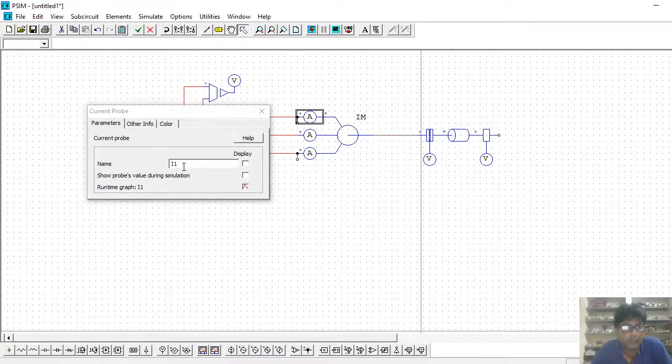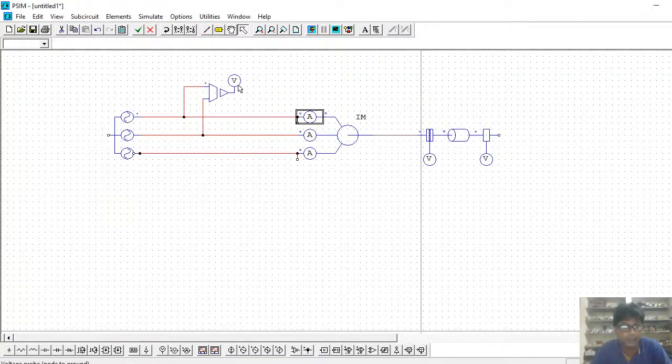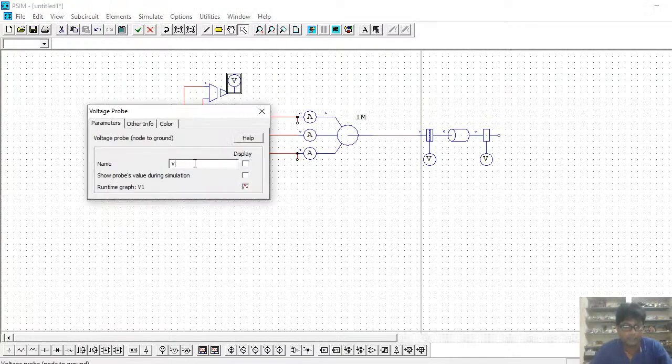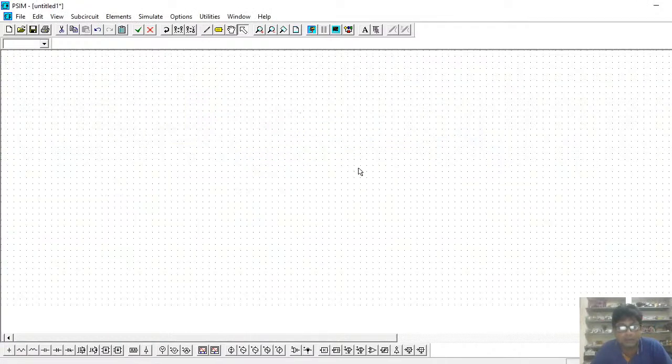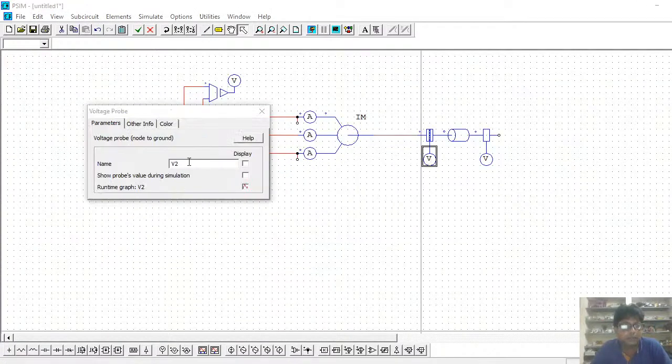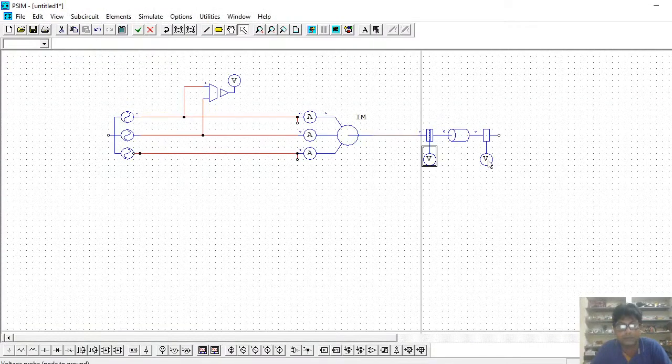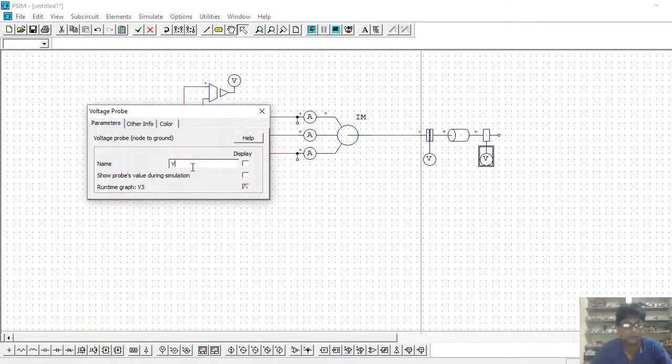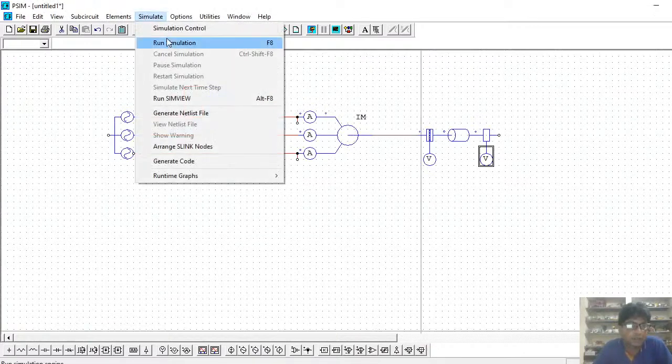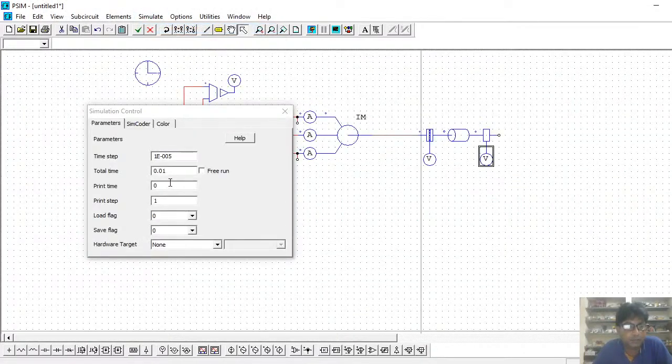Say you can take the phase currents IR, IY, IB, like that. This is the line voltage, this is the mechanical torque, and this is the RPM. Now go to simulate, take the simulation control.